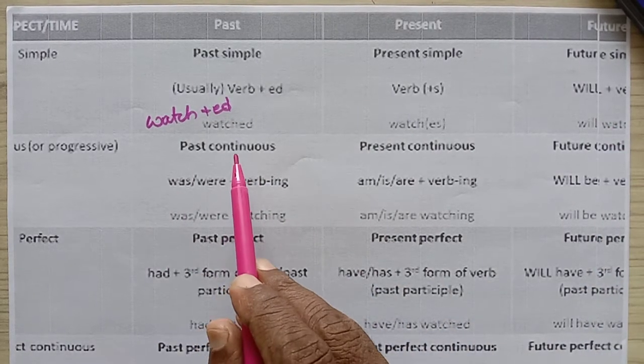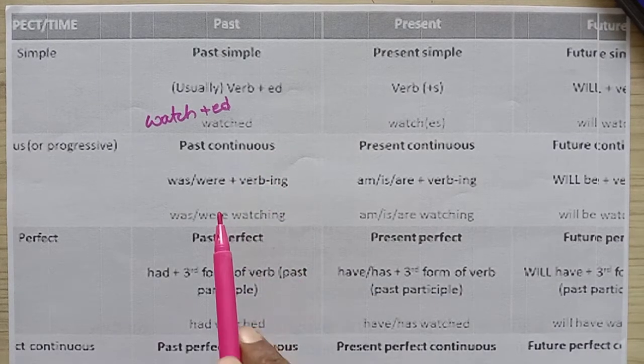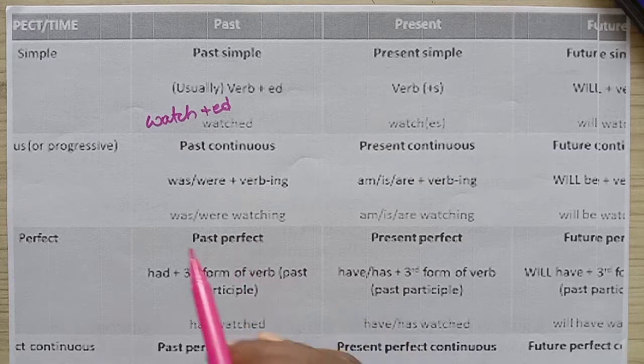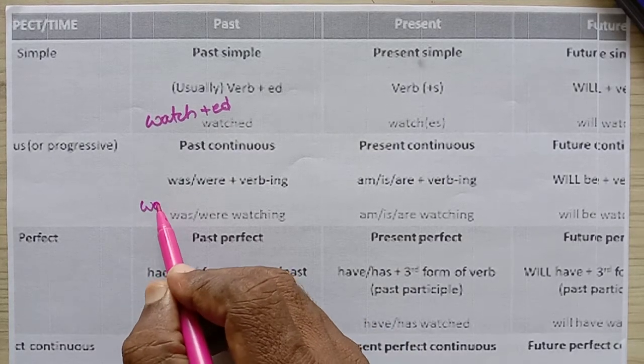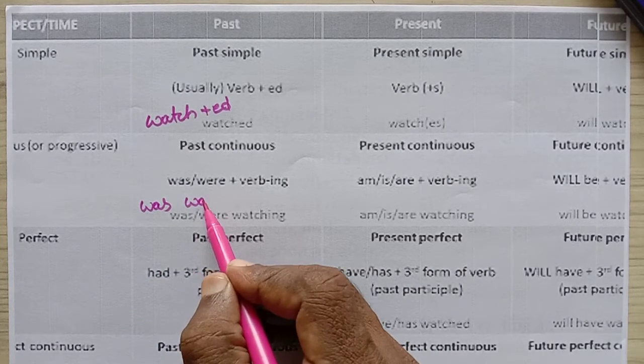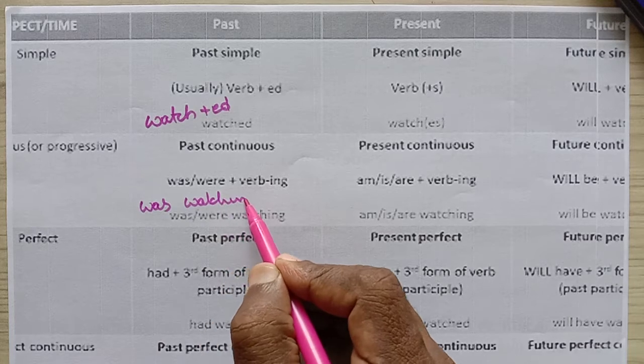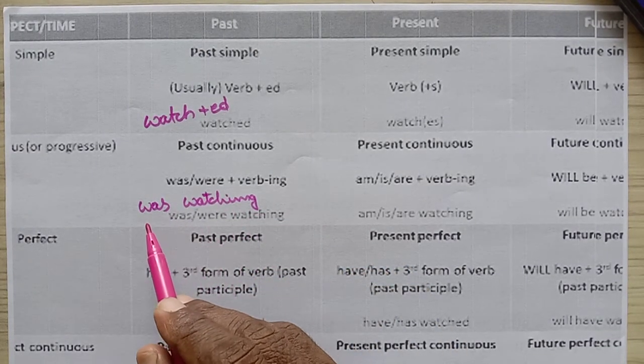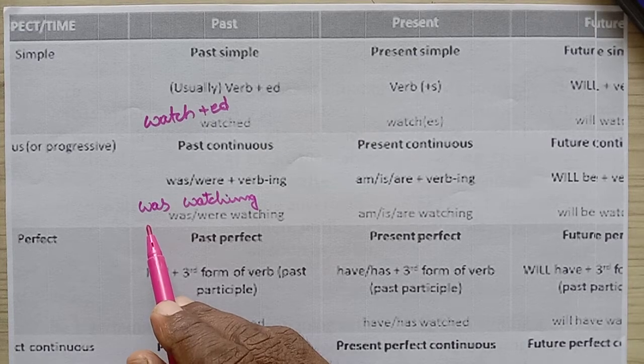Now the past continuous tense is like this: was or were plus v1 plus the ing form. You can write it as was watching or were watching, according to the subject.